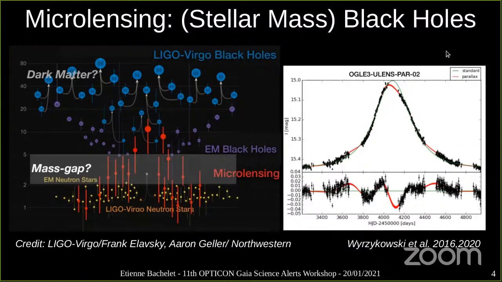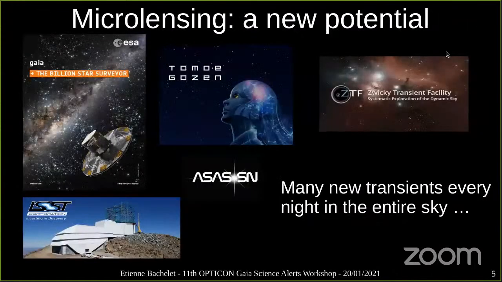So motivated by these two topics, we also live in an era where we have fantastic whole sky missions that survey the entire sky and open a new potential for microlensing detection, such as Gaia or ZTF, and in the near future, LSST.